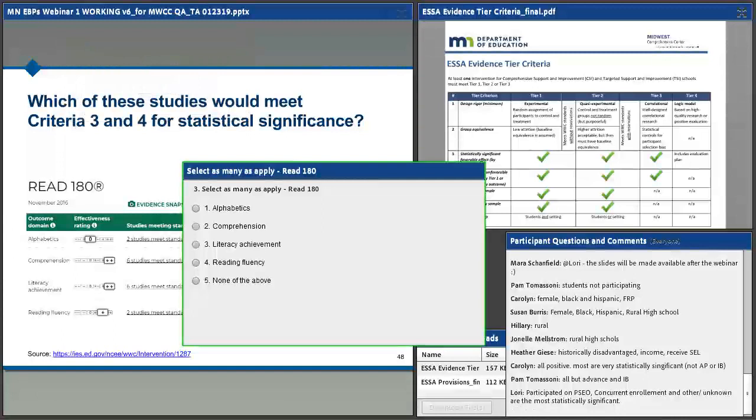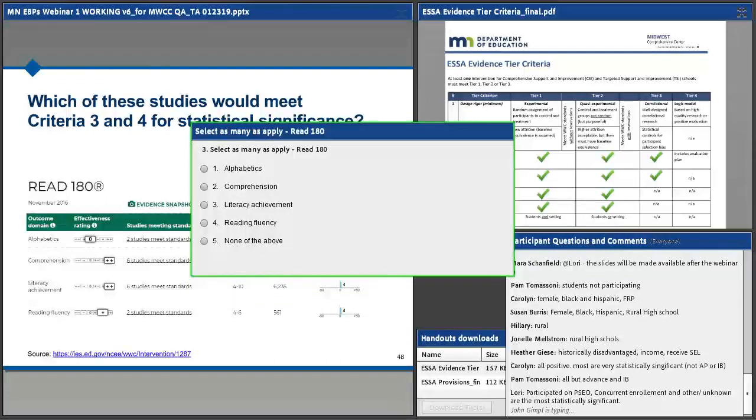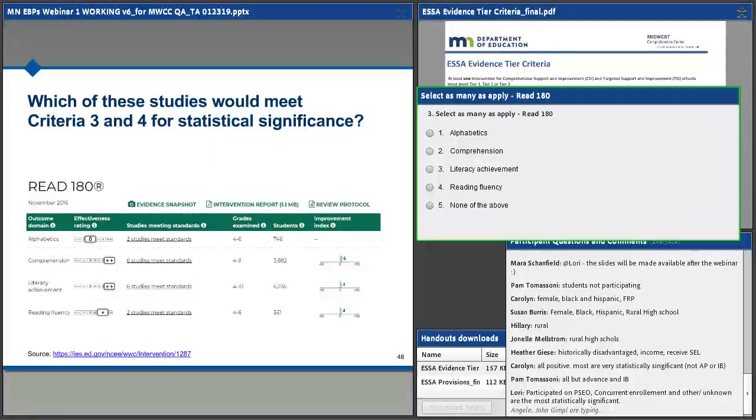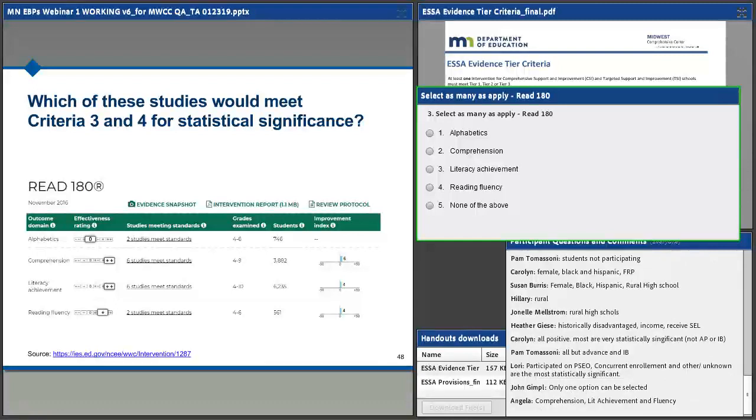Just going to slide it over. So go ahead and select all of the answers that apply. Just give it a second for people to respond.